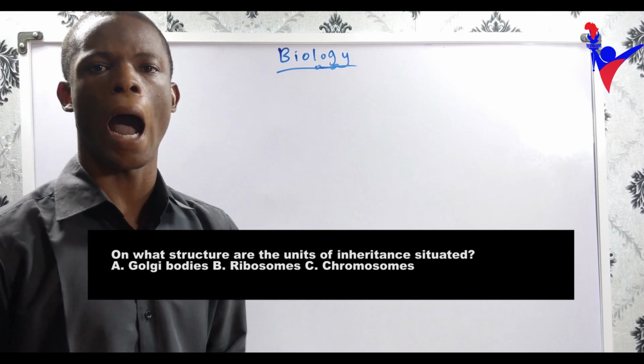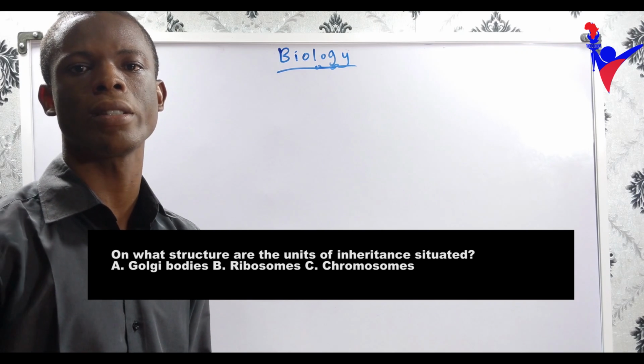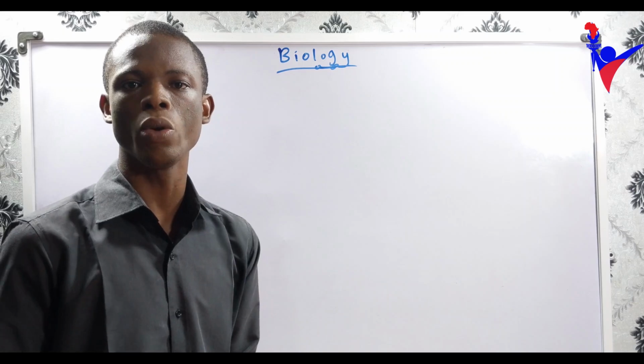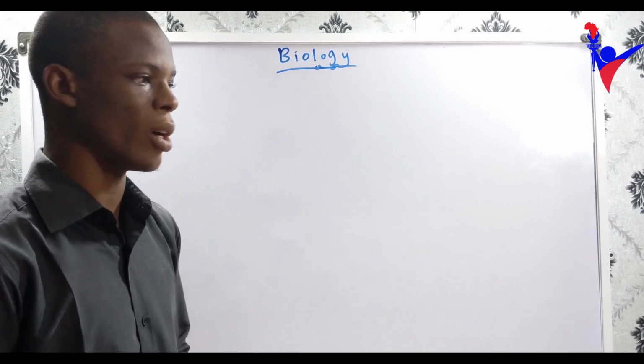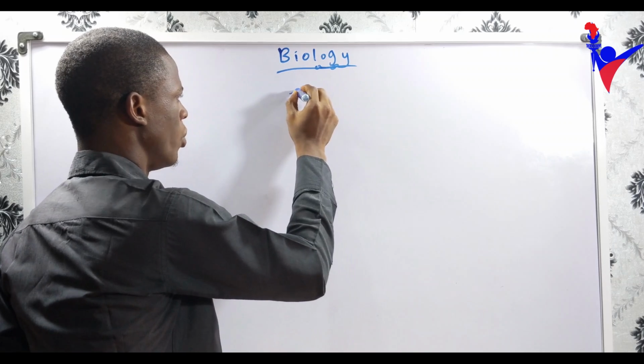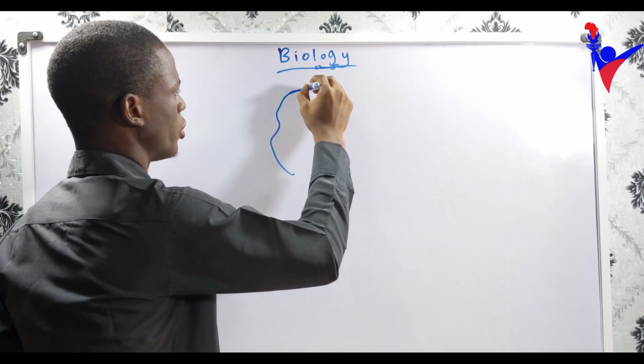For us to identify where the units of inheritance are situated, we have to know what a cell is. You can see what I put on the board, an average structure of a cell.